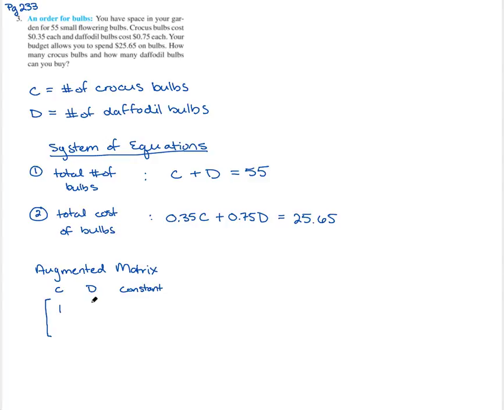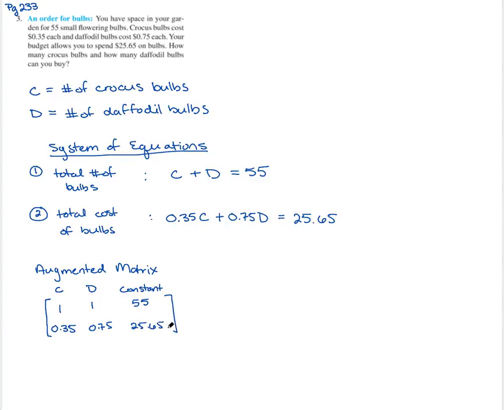The coefficient in front of D is also 1, and my constant is 55. For my second row, that will come from my second equation. The first column comes from the coefficient in front of C, so that's 0.35. The coefficient in front of D is 0.75, and my constant in the second row is 25.65.